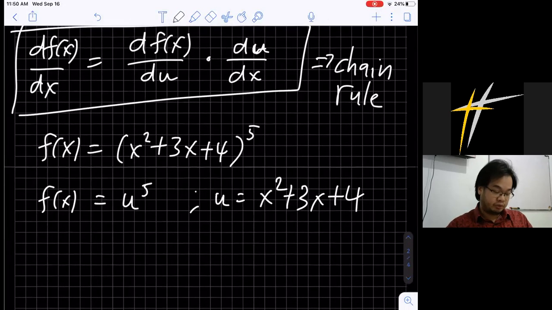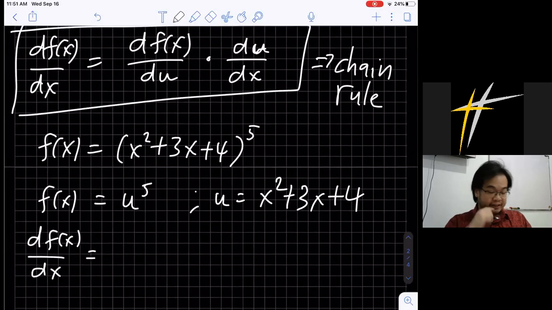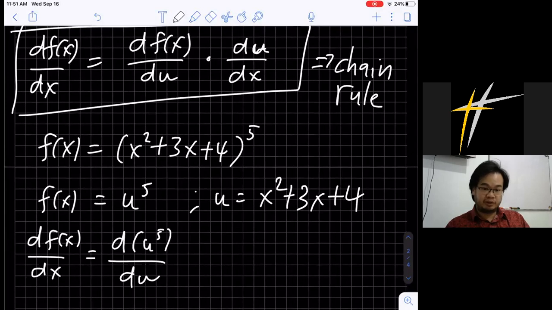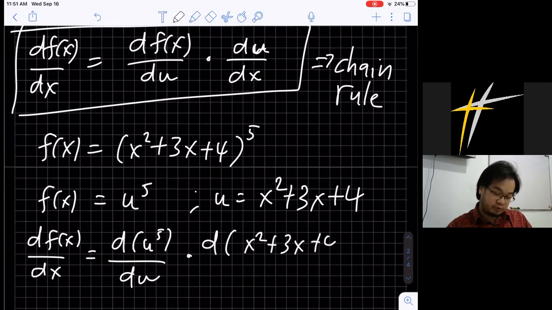So using the chain rule, the derivative of f with respect to x is equal to the derivative of u to the power 5 with respect to u, times du, which is x squared plus 3x plus 4, with respect to x.